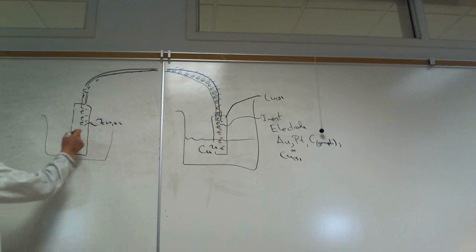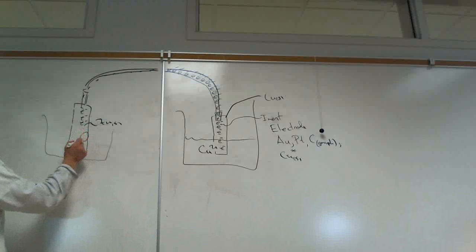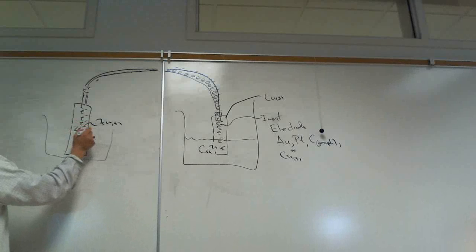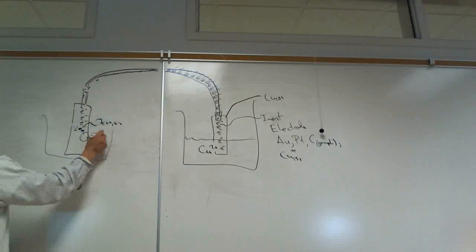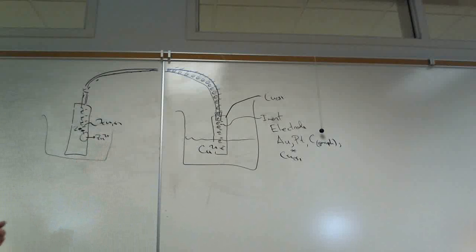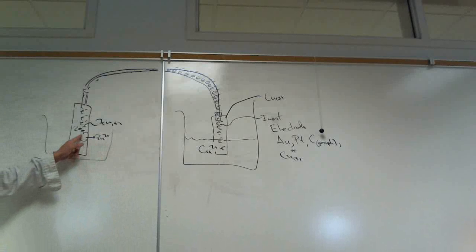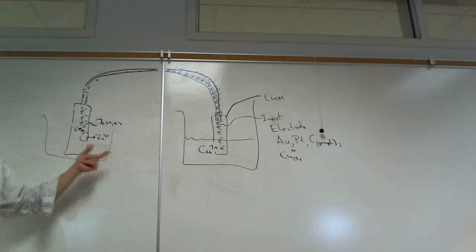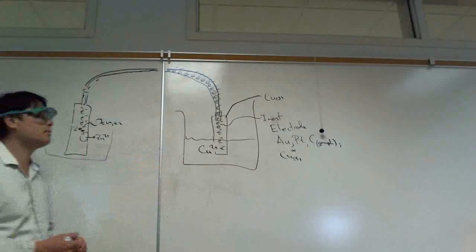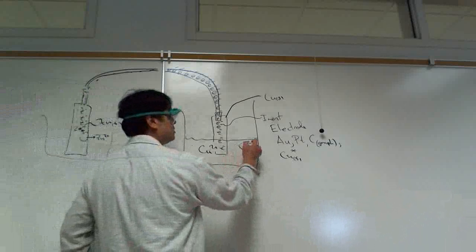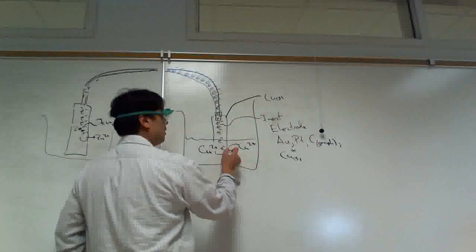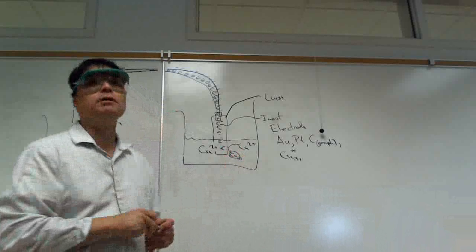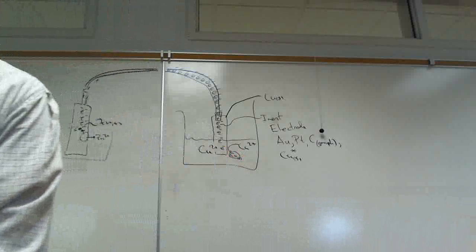And so what's going to happen is here, there's going to be a zinc atom here, and the zinc atom is going to lose 2 electrons to form Zn2+. Correct? And so what we should do is we should start having a flow of electrons because we got a lot of zinc here. We got a lot of copper 2 here. As the copper 2 pulls these 2 electrons off here, it's going to start depositing copper metal on copper. And so do you see copper metal being deposited on the copper?